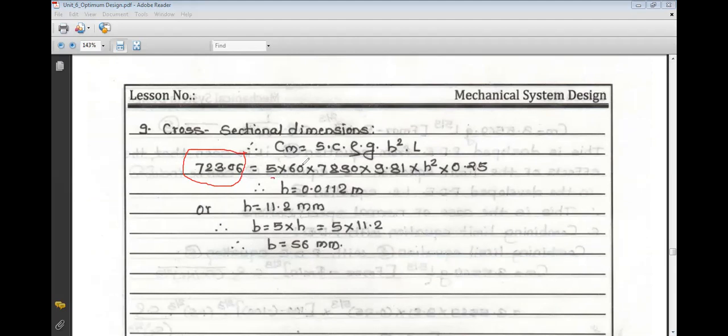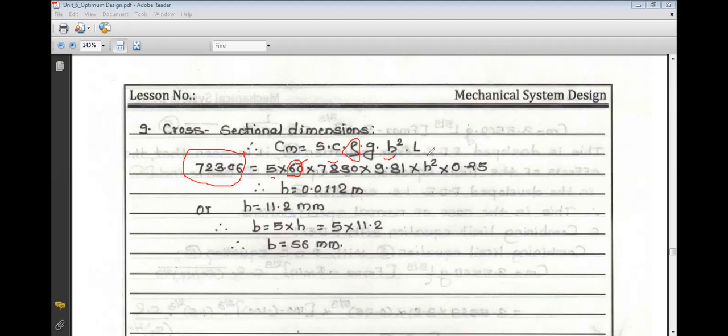The value of c, the cost of M3 material, because we have selected M3, is 60. The density of M3 material is 7830. g, the gravitational acceleration, is 9.81.